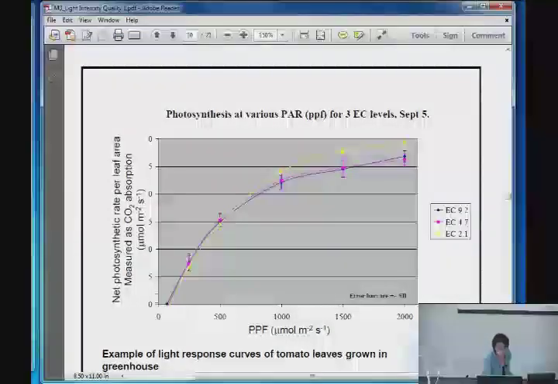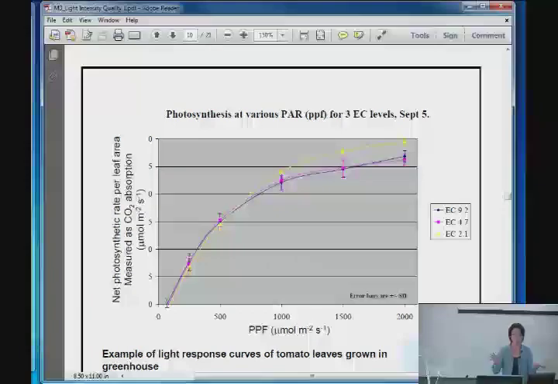So at about 100 micromoles or so, net photosynthetic rate becomes 0, right? And below that, usually you have more respiration. Remember, plants do photosynthesis and respiration at the same time? And then depending on the light intensity, photosynthesis is much higher, or respiration becomes relatively higher than photosynthesis when very low light intensity is available.